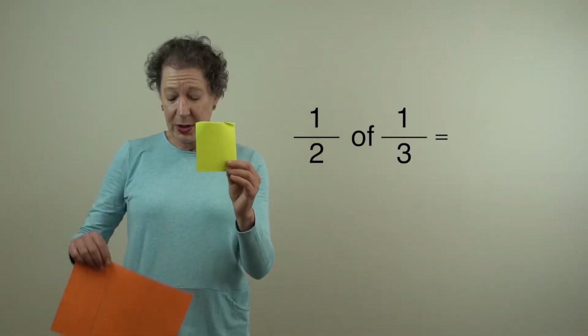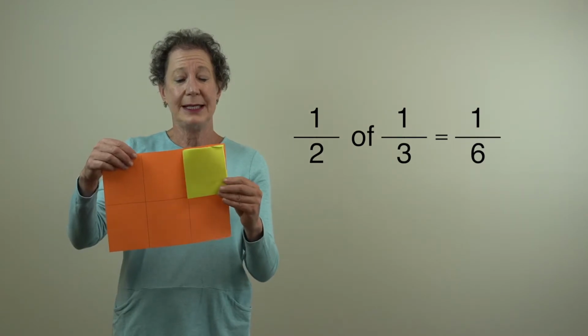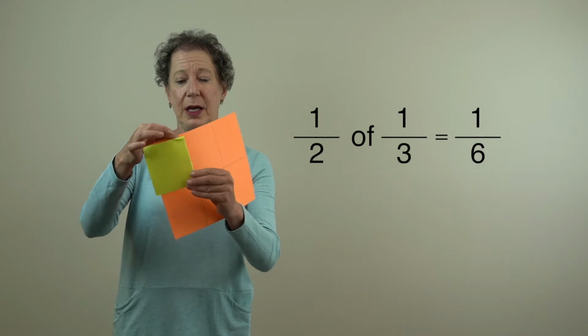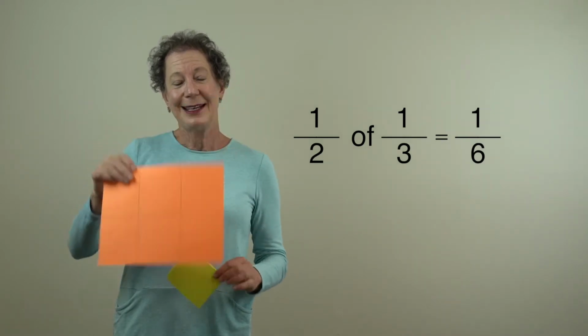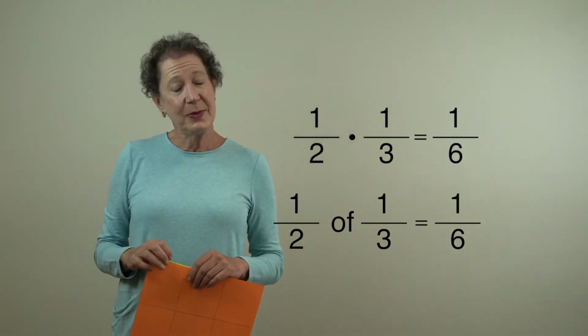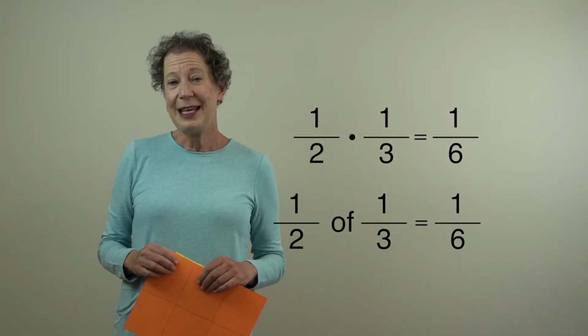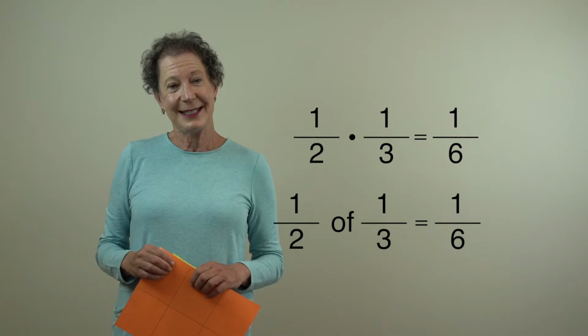This is 1/2 of 1/3. And 1/2 of 1/3 is 1/6, because 6 of them exactly cover the 1. So 1/2 times 1/3, which means 1/2 of 1/3, equals 1/6.